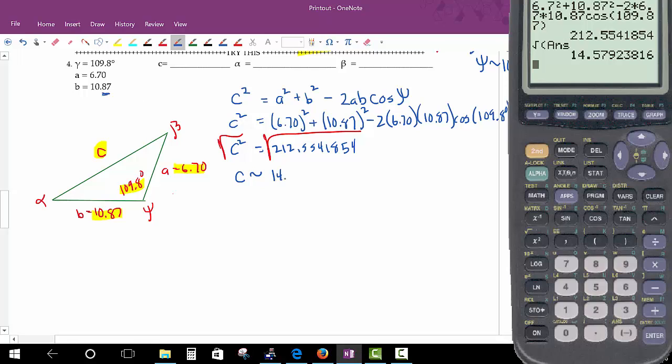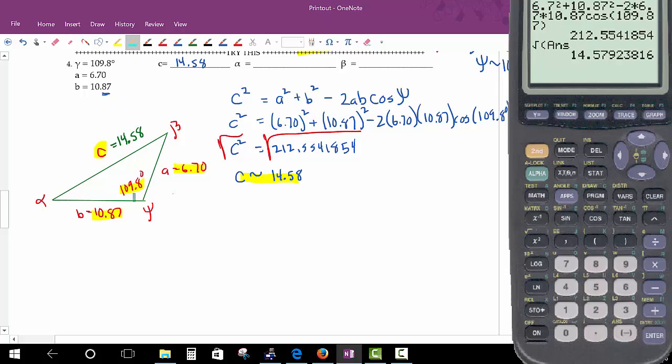So C is 14.58. I've got the first part of the problem done, and I'll go back to my triangle and label C as 14.58.